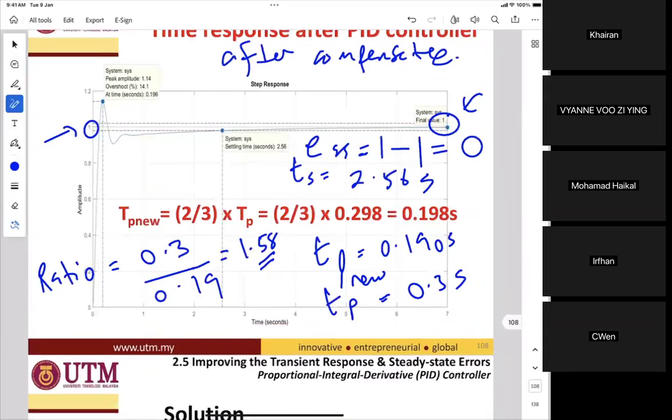So you said we want the response to be faster, but it's longer time. No, settling time is not our concern. Our concern is peak time. In the spec design, we do not emphasize the settling time. We emphasize the peak time.